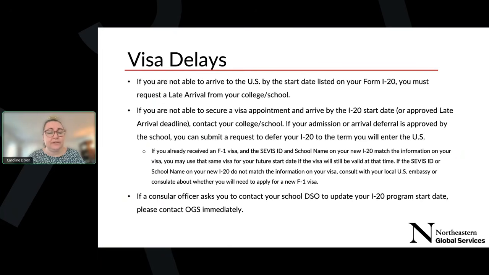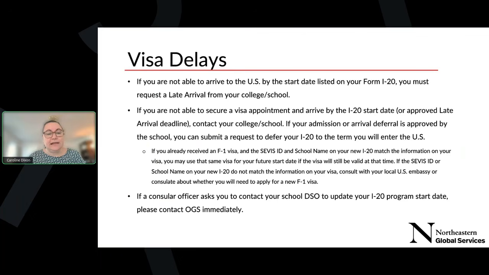If you already received an F-1 visa and the SEVIS ID and school name on your new I-20 match the information on your visa, you may use the same visa for your future start date if the visa will still be valid at that time.